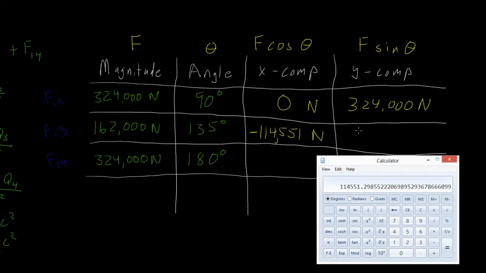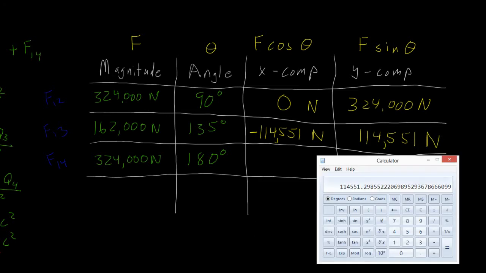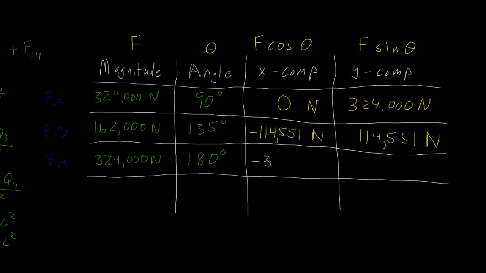So this is just going to be 1145.51 newtons. And then the last one, the angle this time is 180, so 180 cosine, which is negative 1, and now we'll multiply by 324,000, and we get negative 324,000.